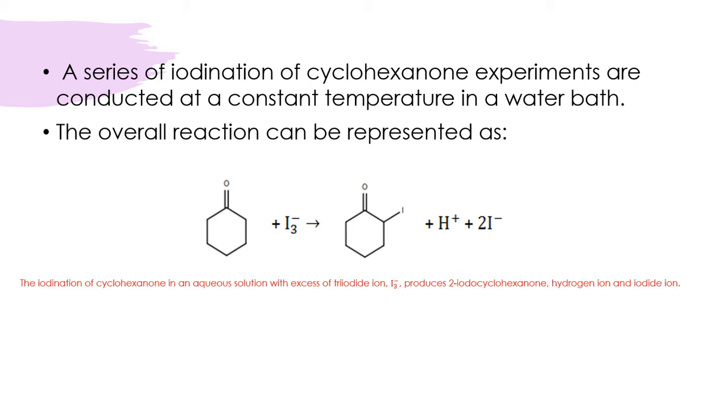We can monitor this reaction by observing the loss of color in the reaction mixture as the I3- reacts and disappears. The I3- is reddish orange in color, and all the other reactants are colorless, so you can use it as your main monitor.